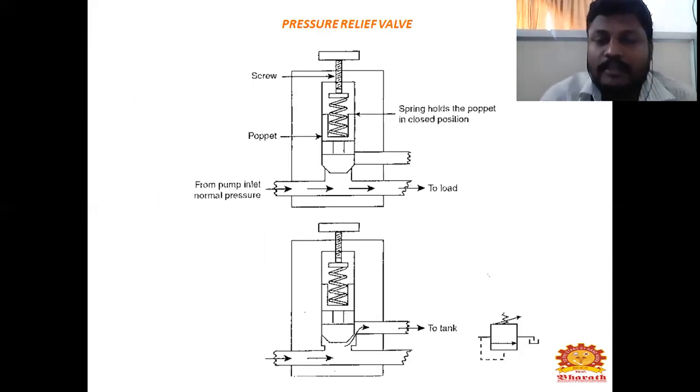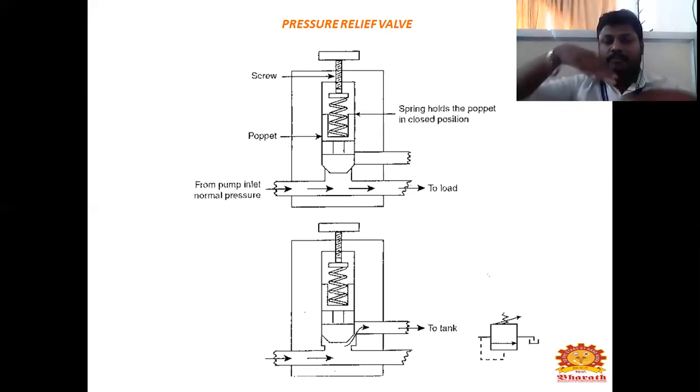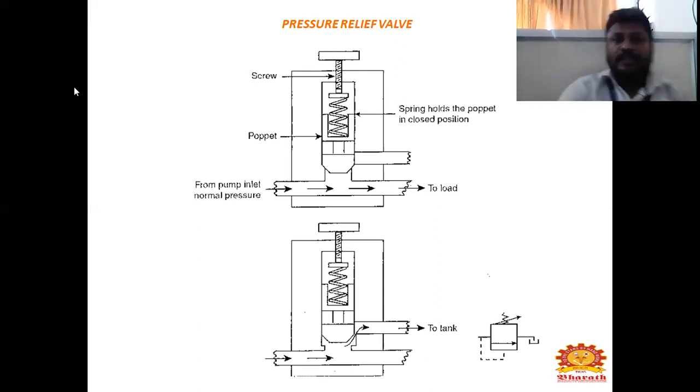This pressure relief valve will be adjusted, and the flow will be in this position like this. If you are adjusting using a spring return, that will be controlling your flow as such. And this system will be used for your flow control valve.